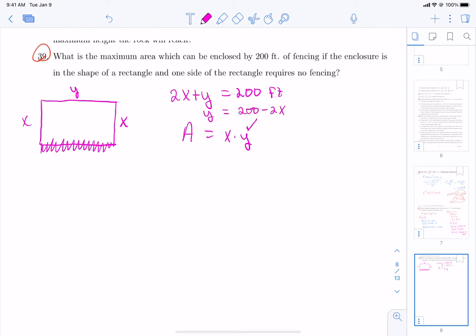So I can put that in for y and get a much nicer thing to differentiate, because I need one variable, not two. So the area is x times 200 minus 2x, or the area is 200x minus 2x squared.